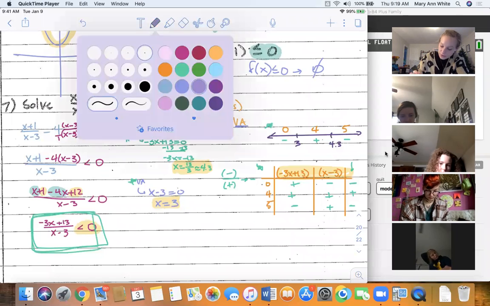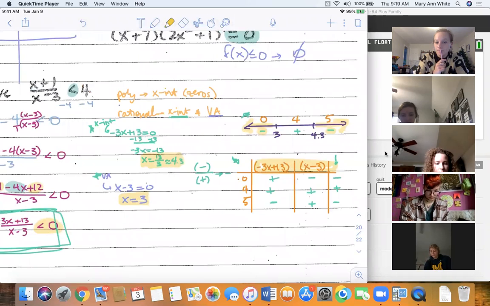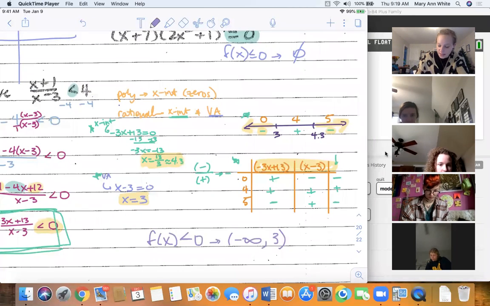So if I'm going to do less than 0, I care about this interval right here and this interval right here. So I'm going to write f of x is less than 0, and that's on the interval from negative infinity to 3, parentheses, because it's a less than.